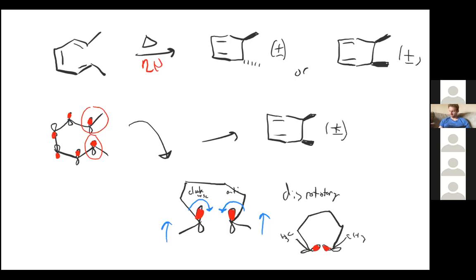Okay, let's do another example of this. Then we'll do some light ones. Okay, so we've got two double bonds, which means we're going to make a four-membered ring.